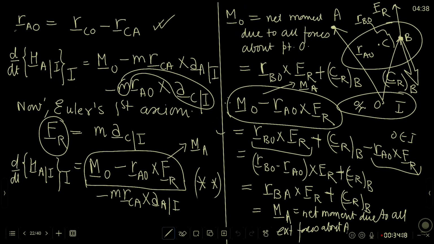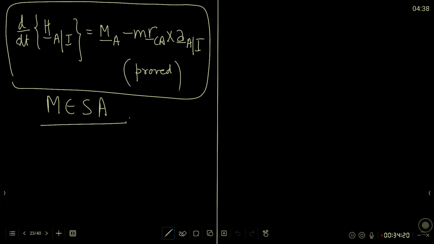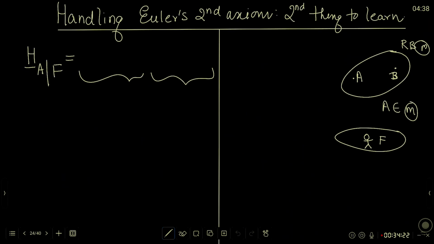Now let's refer to this diagram. RB, same RBM. A is a point fixed in M, and this is the reference frame F. The second thing I want to learn is to be able to express the angular momentum of the RB about point A with respect to frame F in terms of two different quantities.